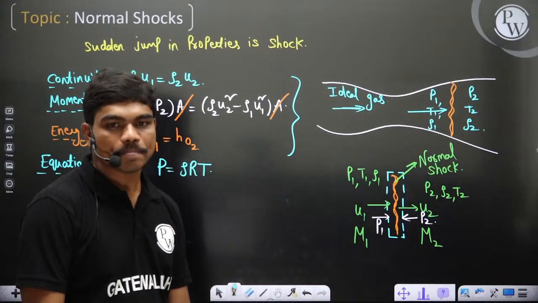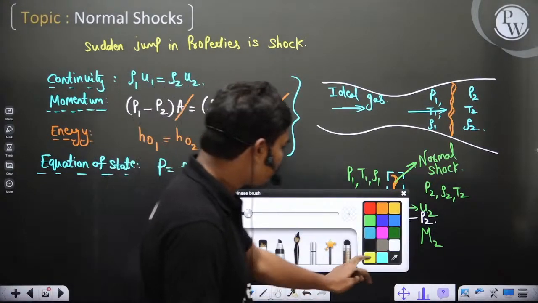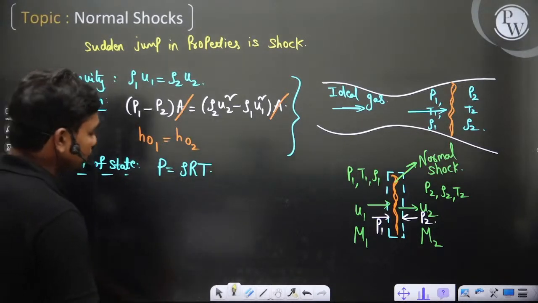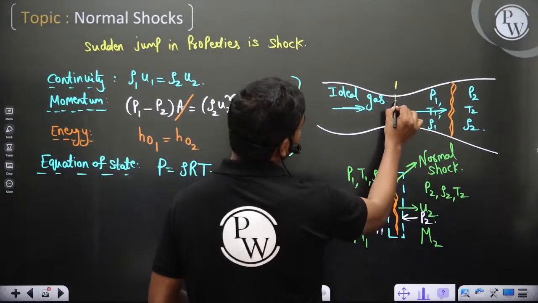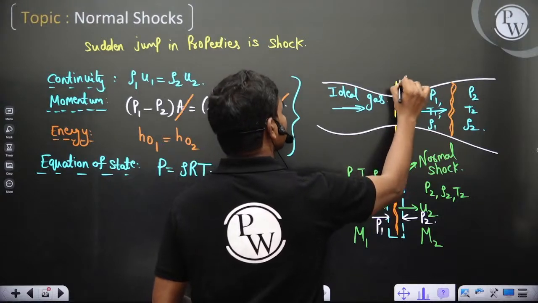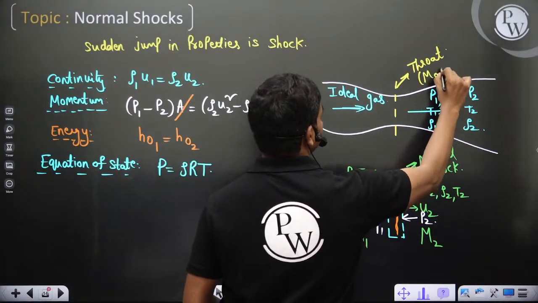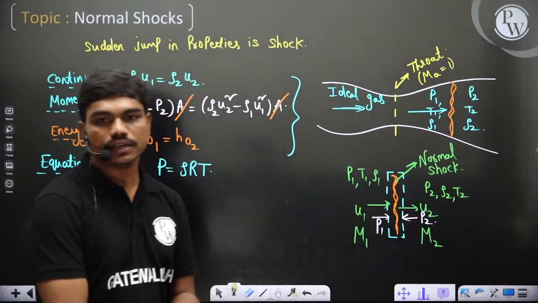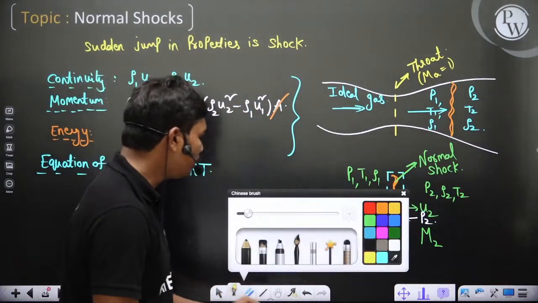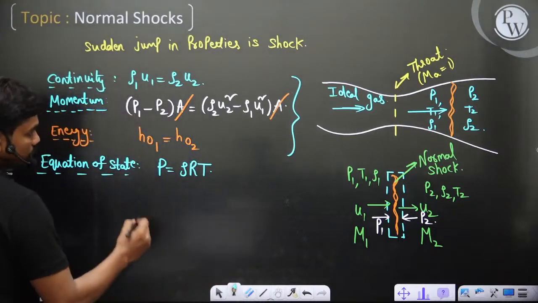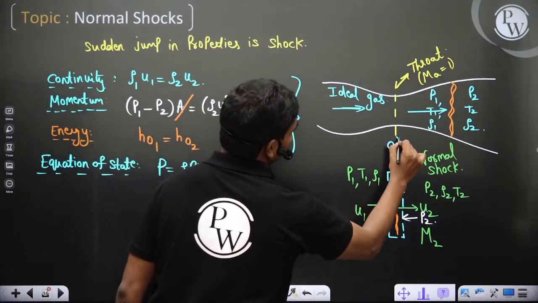Okay. Clear? Now, if you simplify this and try to solve a bit of relation, here the conditions are star. So it is the throat, and the Mach number is equal to 1 at this point. Then the acoustic velocity at this point, let's call it A star.